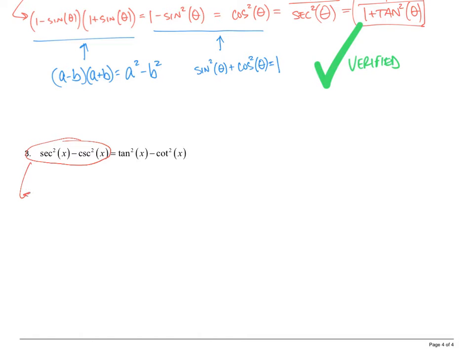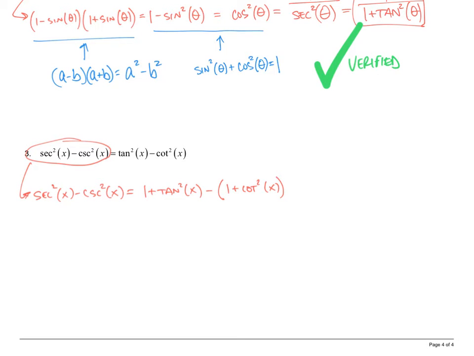Boom. Secant squared of x minus cosecant squared of x. So let's see what I can get from the Pythagorean trig identities. Secant squared is equal to 1 plus tan squared. And cosecant squared is equal to 1 plus cotangent squared. Okay, so let's see.